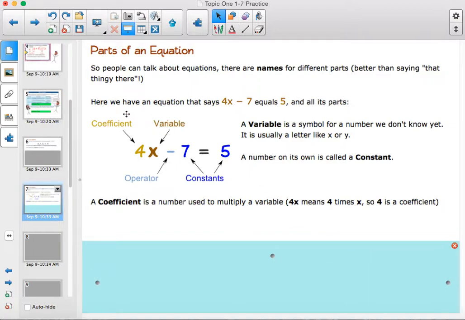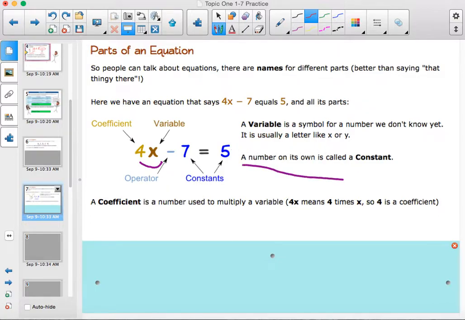You can see that we have a coefficient, which in this case is going to be the number 4 multiplying some amount x. And then over here, we have two constants, which are 7 and 5. Now, a number on its own is called a constant.